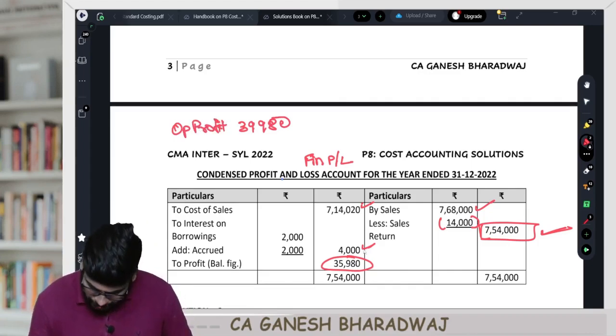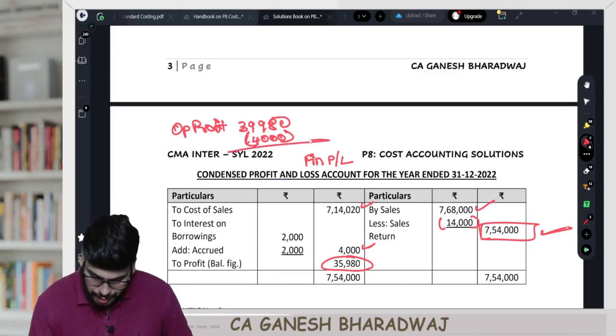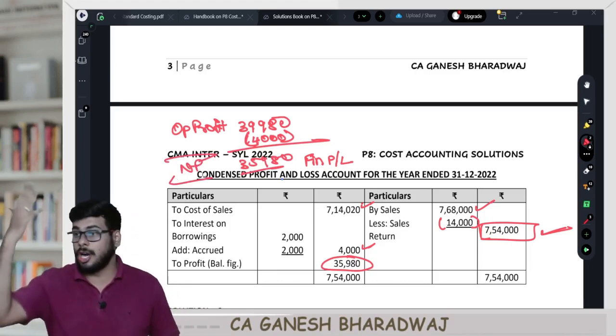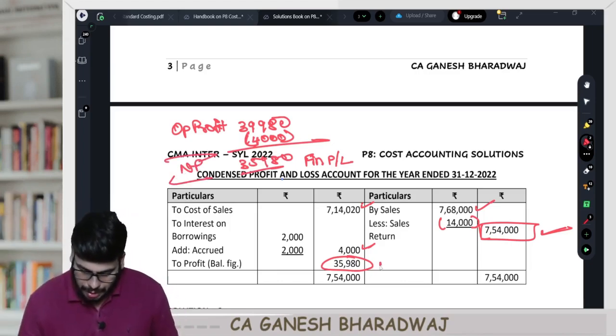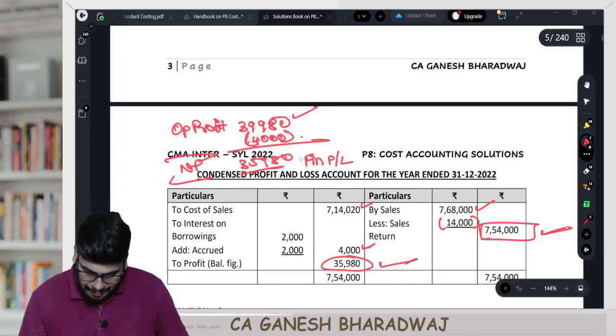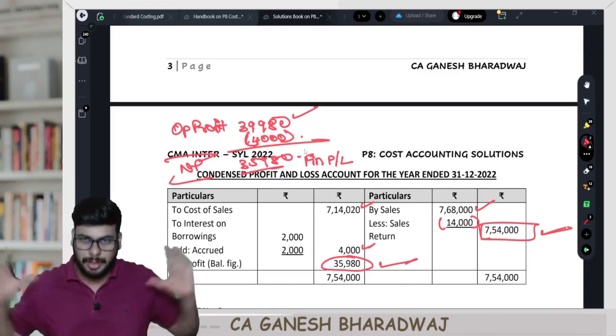From this, you further reduce this 4,000 rupees, which is ideally considered only in your FM. Now you get a net of 35,980. This is your net profit, or even your accounting profit, you can call it. Are you clear with this? 35,980 is ideally the figure reported by costing. And after adjusting for this 4,000 rupees, this is the final net profit figure. Are you clear with this, guys?